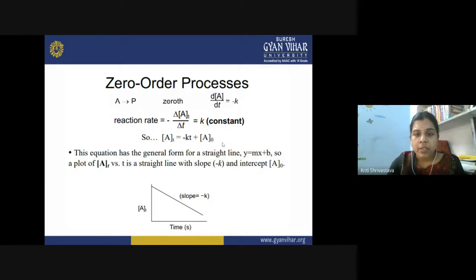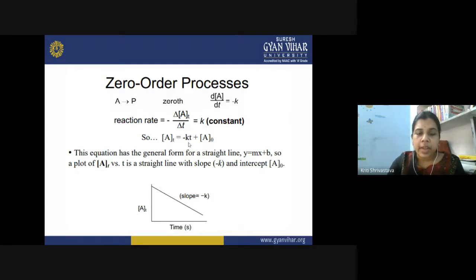Now you will write the integrated form like this: A_t is equal to minus kt plus A naught, where A naught is the initial concentration, and A_t is the concentration of reactant A at time t. You can compare this equation with the equation of a straight line, that is y is equal to mx plus b. If you plot A_t versus time, you get a straight line with a negative slope, minus k.